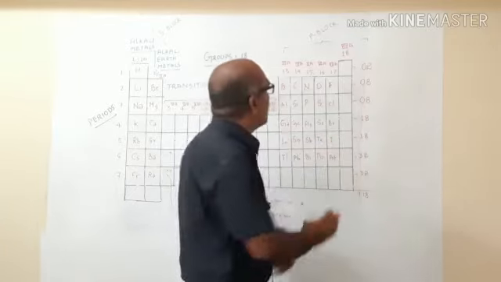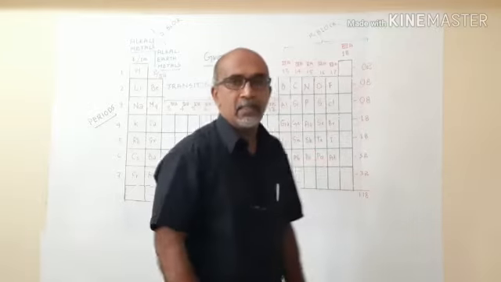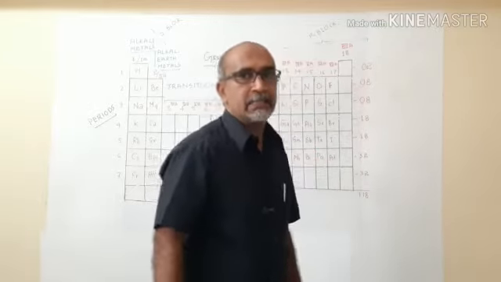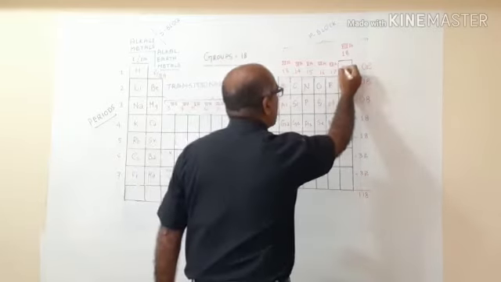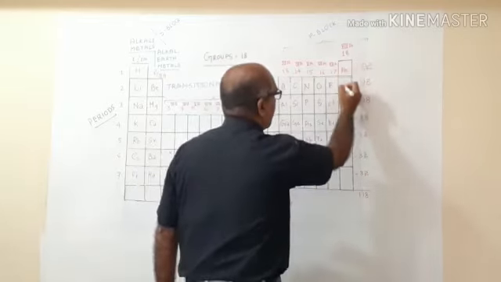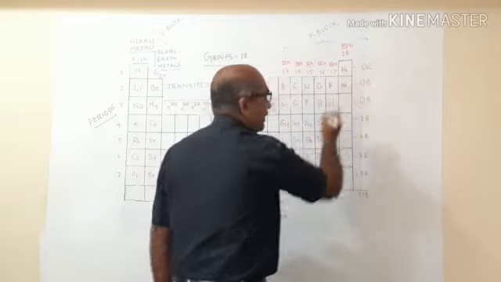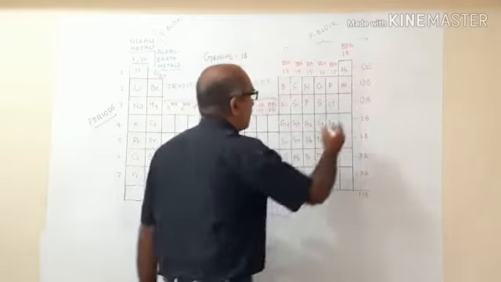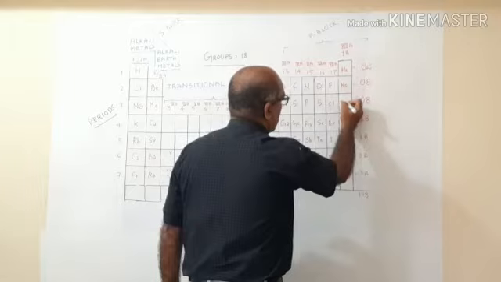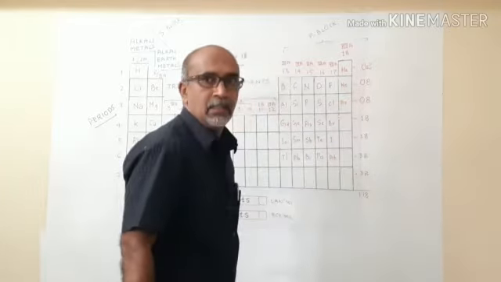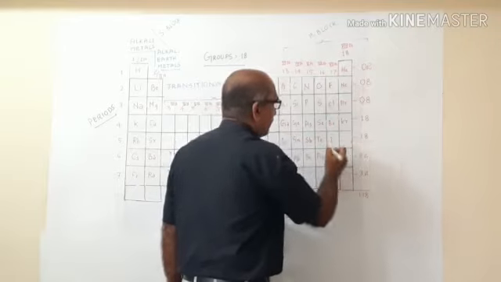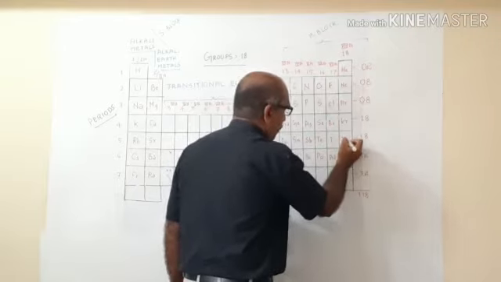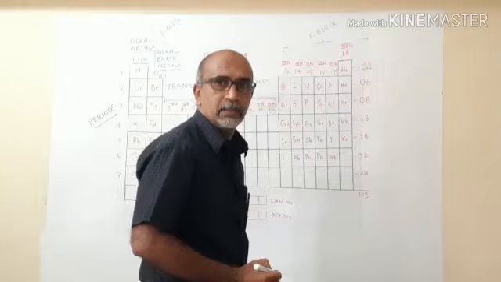Very simple. Then we consider the last group of elements, known as noble gases. Here I will start with helium, then neon, then argon, krypton, then xenon.